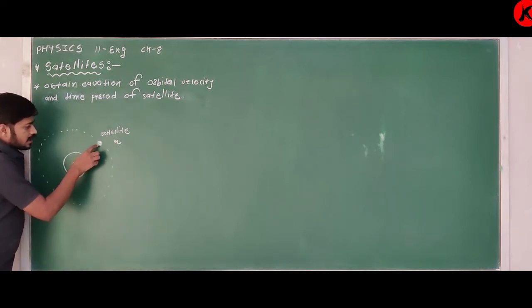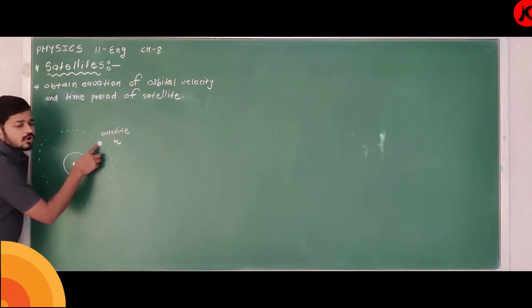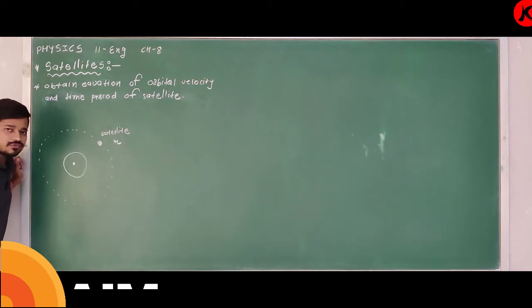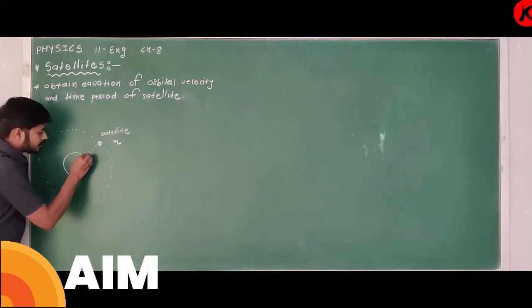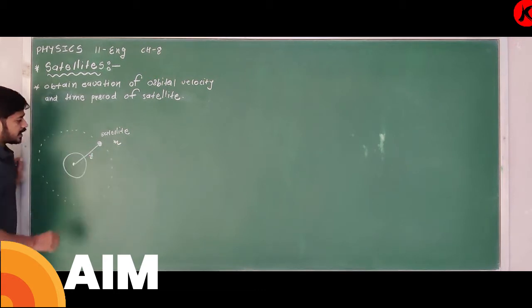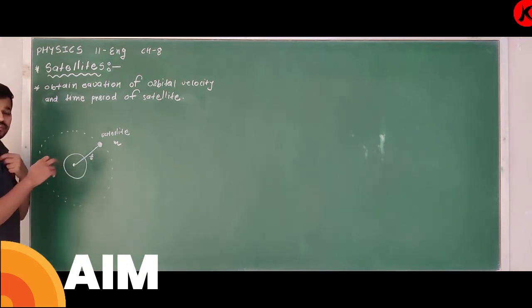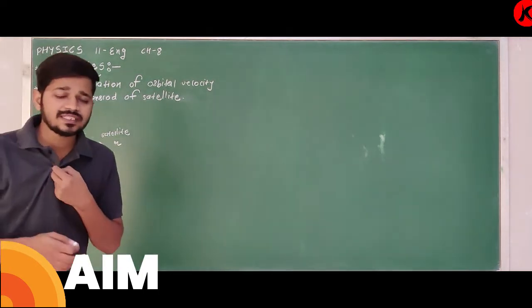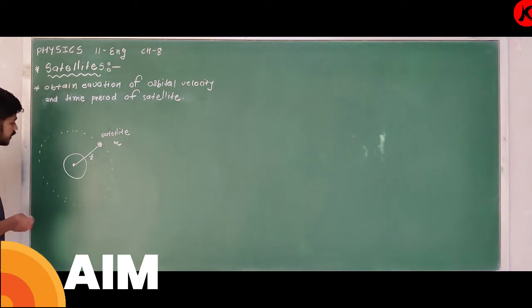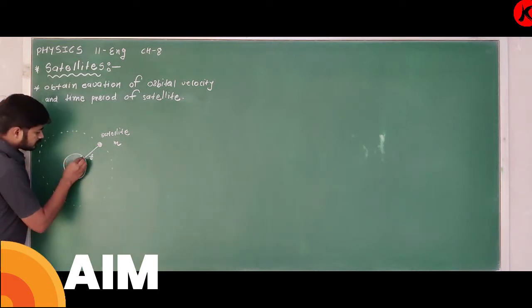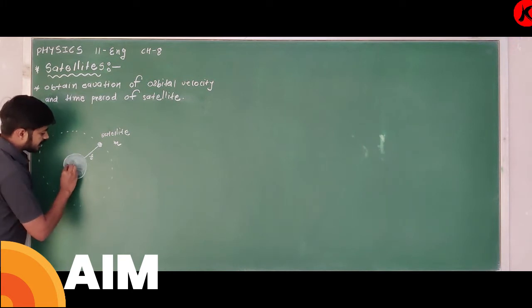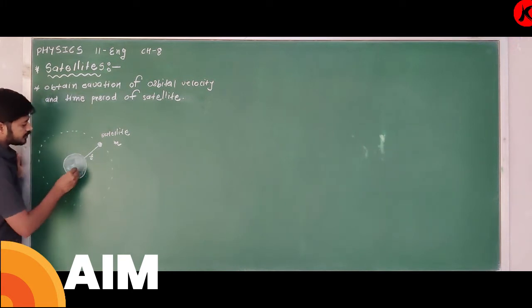Now the radius of this orbit from the center of Earth is r. Obviously the satellite is outside Earth.